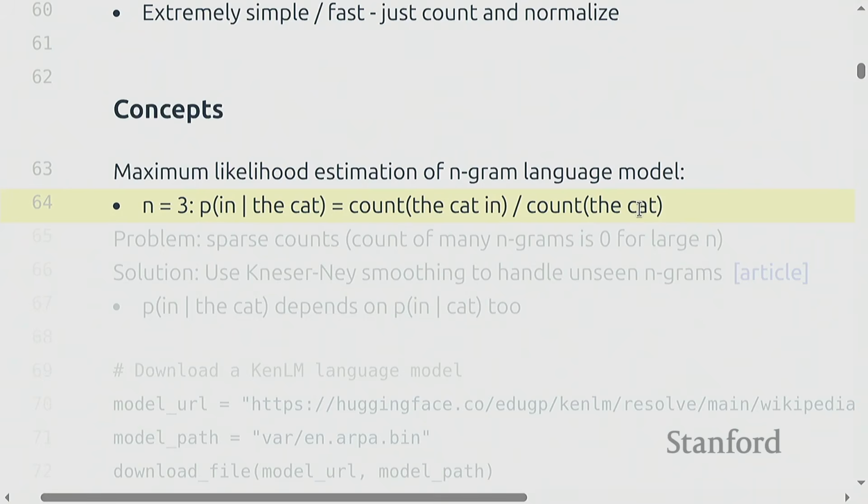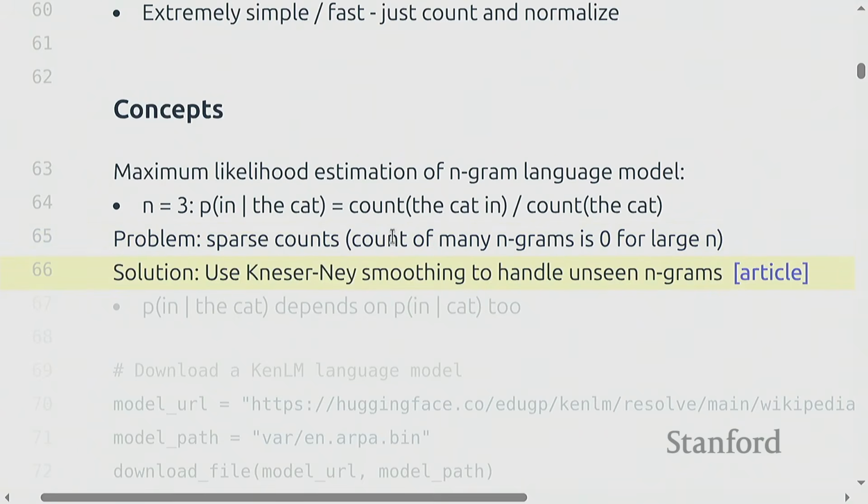In principle, implementing this efficiently takes a bit of work. But the main problem is that there are sparse counts. Many of the n-grams show up 0 times, even though they're very reasonable, especially when n grows. And this was the whole reason why n-gram models couldn't really be scaled appropriately, because you hit the curse of dimensionality.